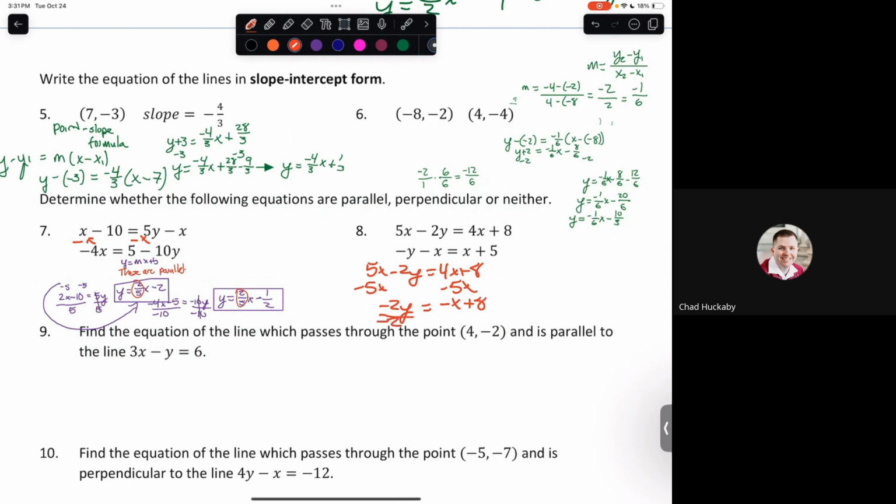Divide both sides by negative 2, and we get y is equal to, not negative, 1 over 2 x, because we have negative 1 divided by negative 2, plus 8 over negative 2, or minus 4. So that's our first equation.